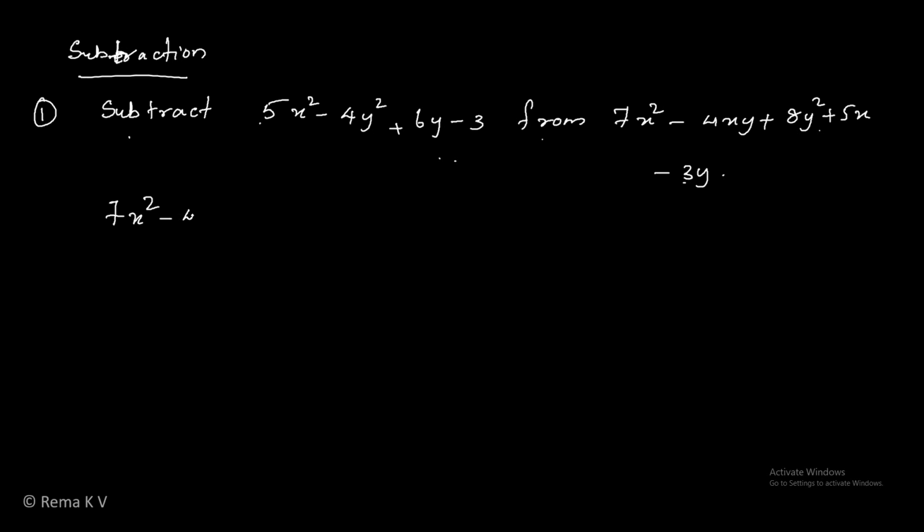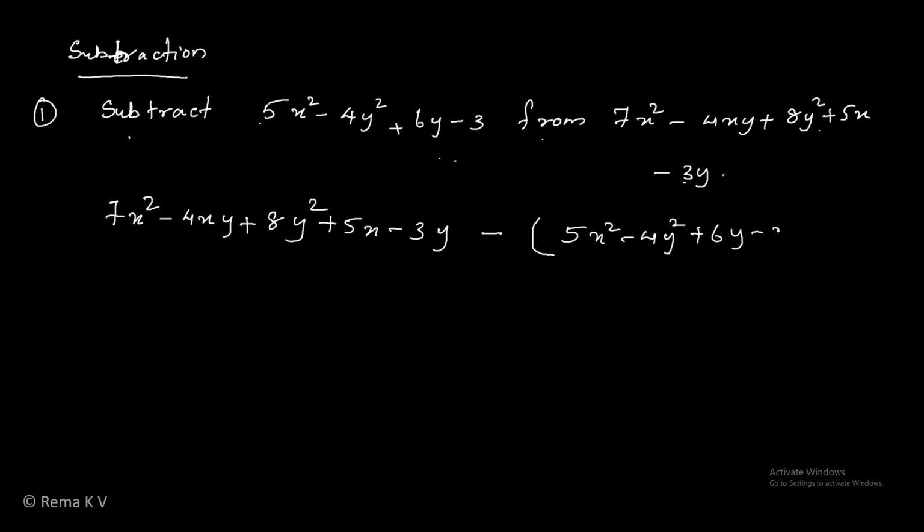From 7x square minus 4xy plus 8y square plus 5x minus 3y, we have to subtract 5x square minus 4y square plus 6y minus 3.